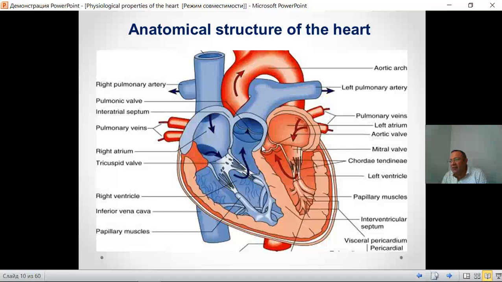The atria receive venous blood on a nearly continuous basis, preventing venous flow from stopping while the ventricles are contracting.